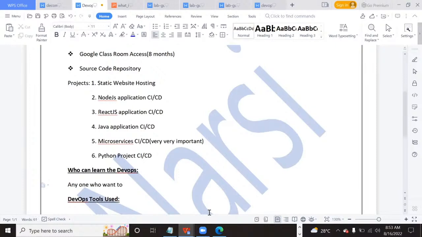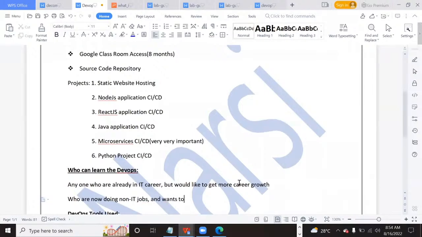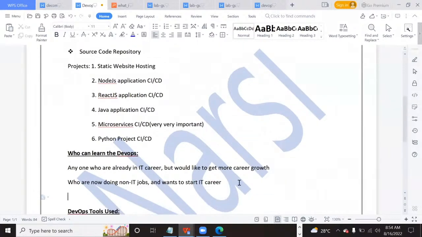Anyone who is already in an IT career but would like to get more opportunities and career growth can learn DevOps. Those who are now doing non-IT jobs and want to start an IT career can take this course.